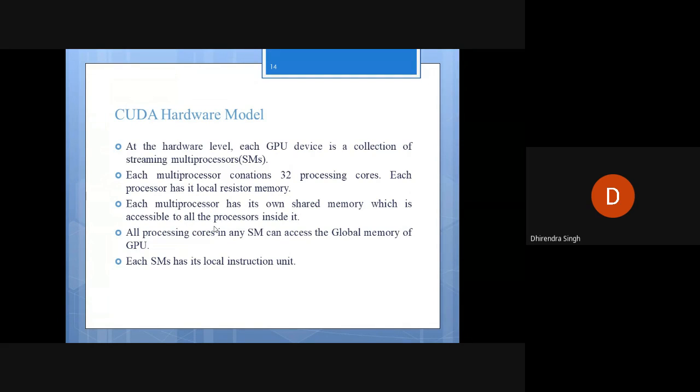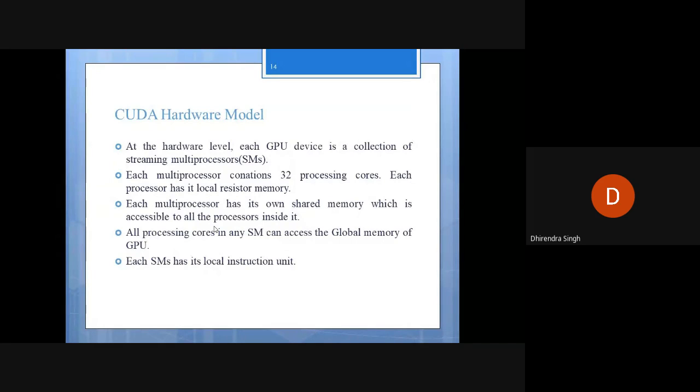So in place of accessing these data items from the global memory of the GPU, it's a good idea to copy them from the global memory of the GPU to the shared memory of the streaming multiprocessor where those threads which are accessing that data are running. Accessing the shared memory will be faster as compared to the global memory.